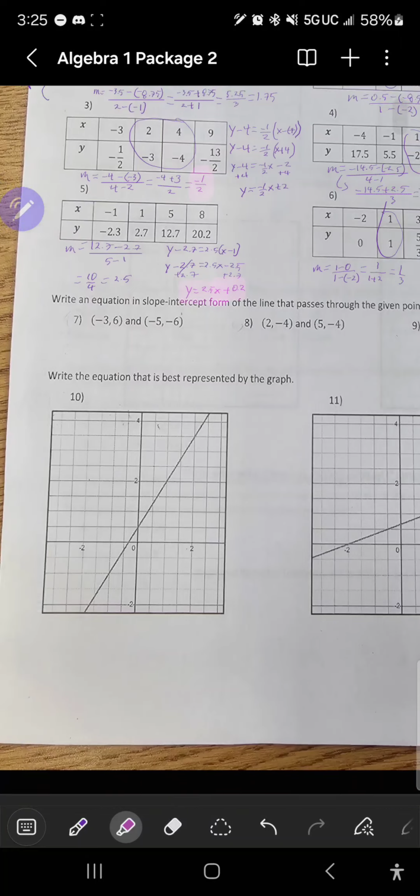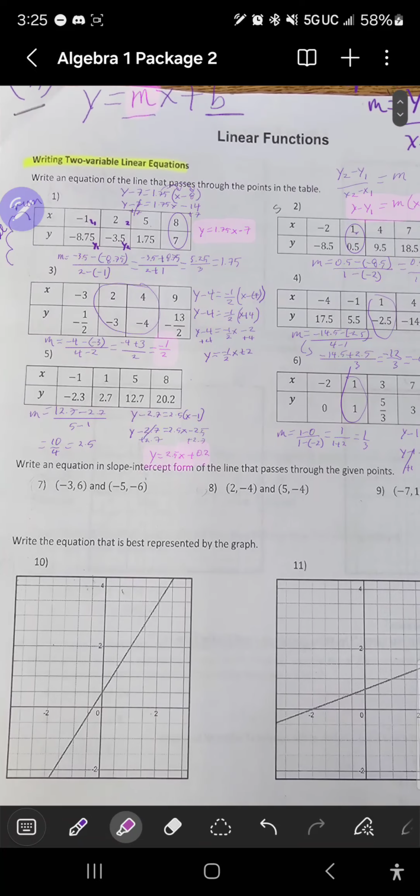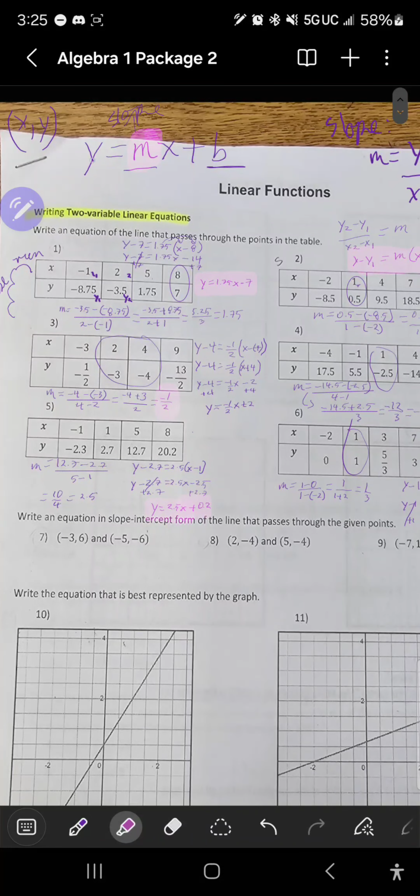Now let's see this part, this question. Write an equation in slope-intercept form of the line that passes through the given points. This is slope-intercept form. So it's basically what we have been doing.